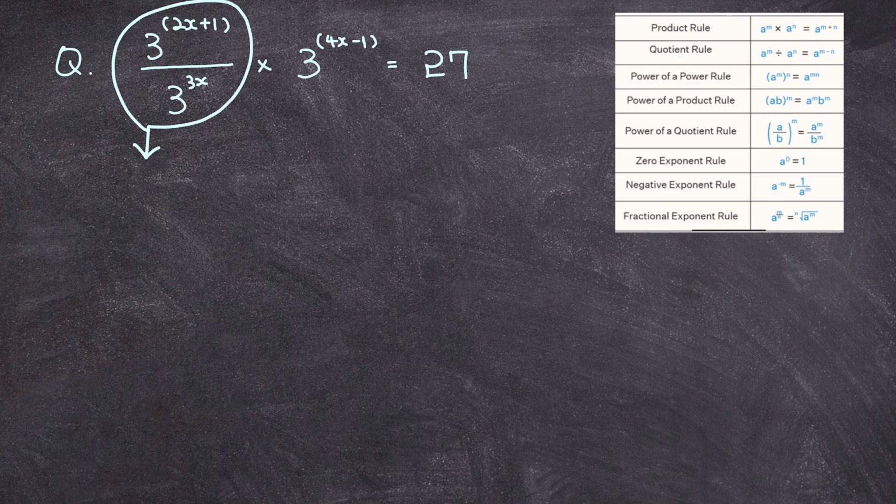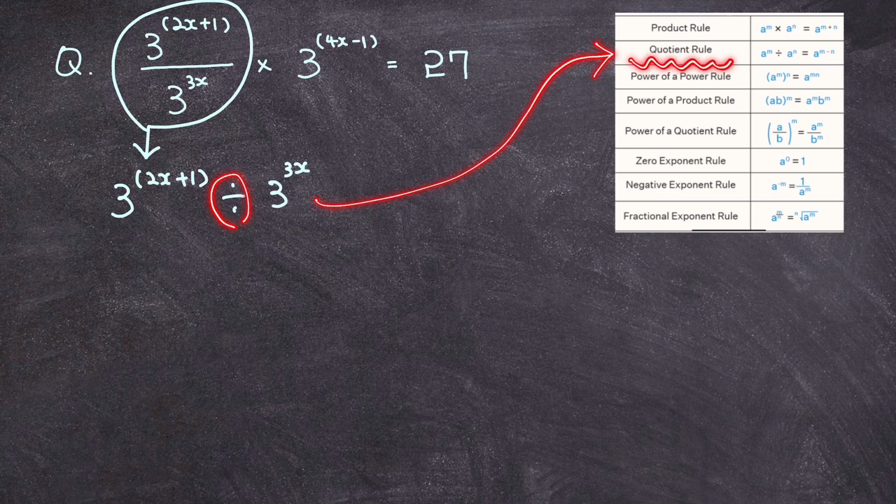Now I have 3 raised to the power of 2x plus 1 divided by 3 raised to the power of 3x. Now, since we have two numbers with the same base, and we are dividing the first number by the second number, we are going to use the quotient rule among many rules of exponents that I have listed right here.